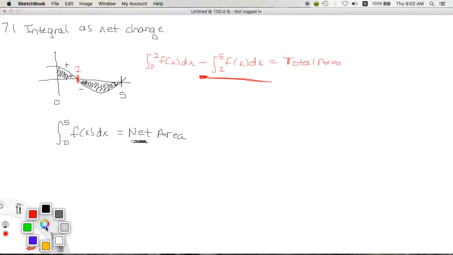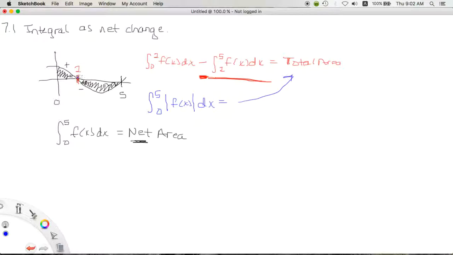Now the other way that we could do this, which we also briefly discussed, is the integral from 0 to 5 of the absolute value of f of x, and that would also give us the total area, because the absolute value of f of x would pull this part up here, and it would be positive area.